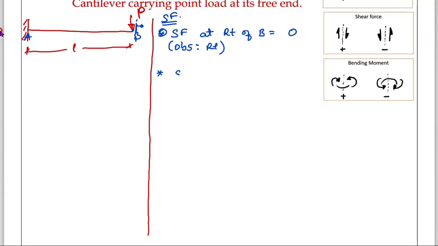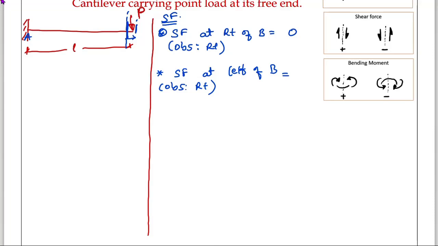Next, shear force at left of B. Left of B means you stand here, this is your section. When you are observing this section, then you make the observation on the right side.